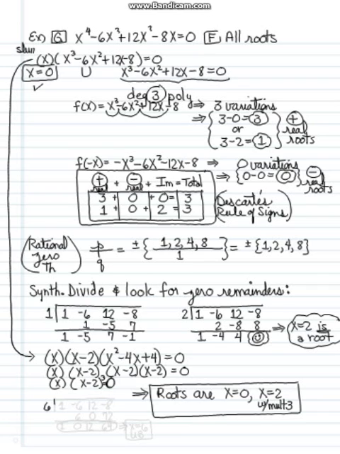So if we were using that, we could see if we synthetically divide by 6, it's going to give us, let's see, 1, negative 6, 12, negative 8, synthetically divide, and on the bottom we'll get, bring down the 1, and then, let's see, 6, 0, 12, and then 6 times 12 is 72, 72, add, you get 64.